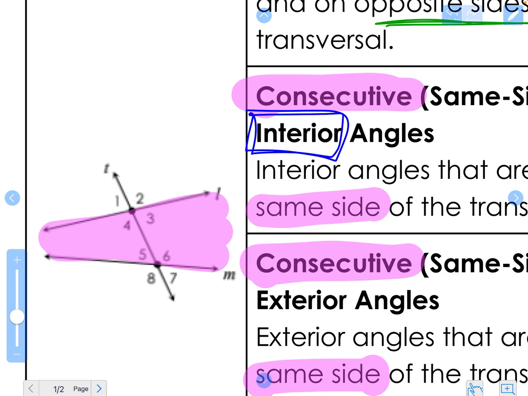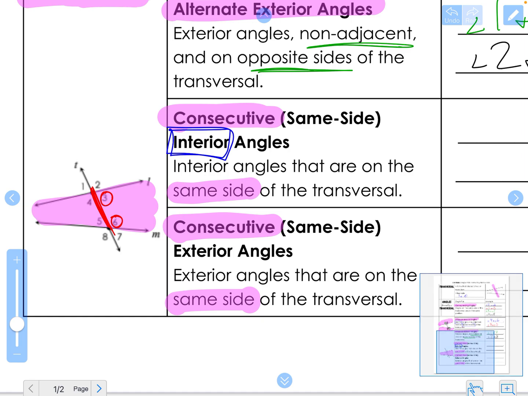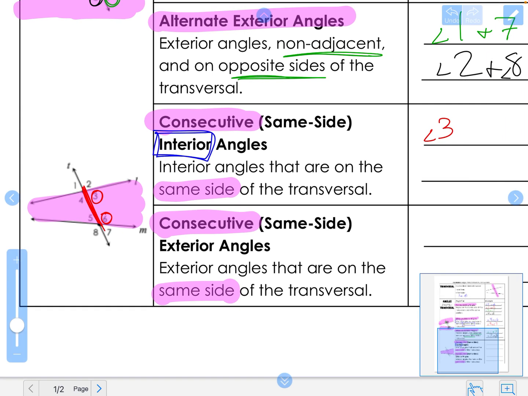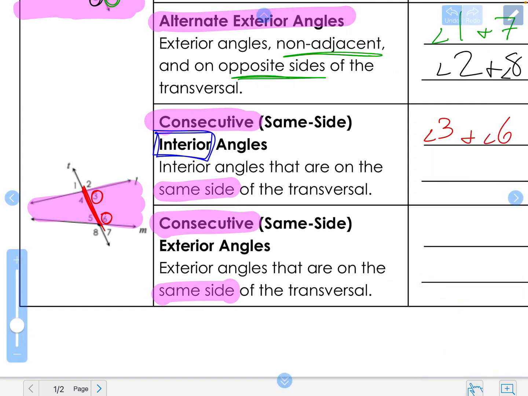And we said consecutive have to be in a row, so they're next to each other, and they need to be on the same side of the transversal. So that transversal is going to cut it in half. That means that angle 3 and angle 6 are consecutive interior angles, which makes our other two, 4 and 5, our other pair of consecutive interior angles.